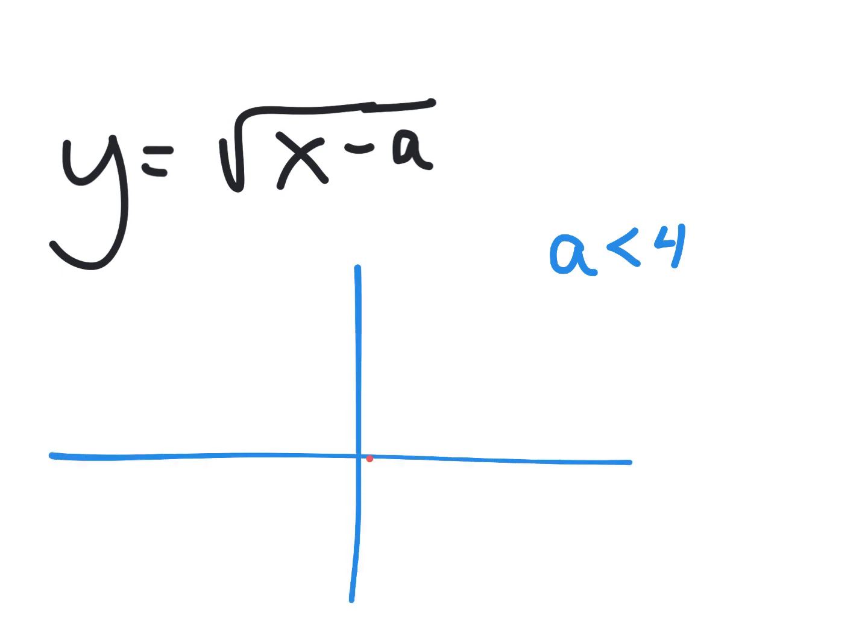Well, I was with you until you put in that a thing. Well, that's the pre-calc part. That's just higher algebra. Now we have to figure out where the thing moved. If it's got to be less than 4, that means they're going to put in maybe 3, maybe 2, maybe 1, maybe 0.